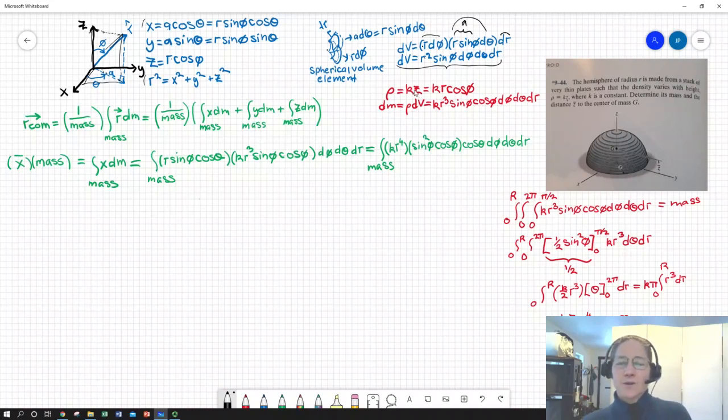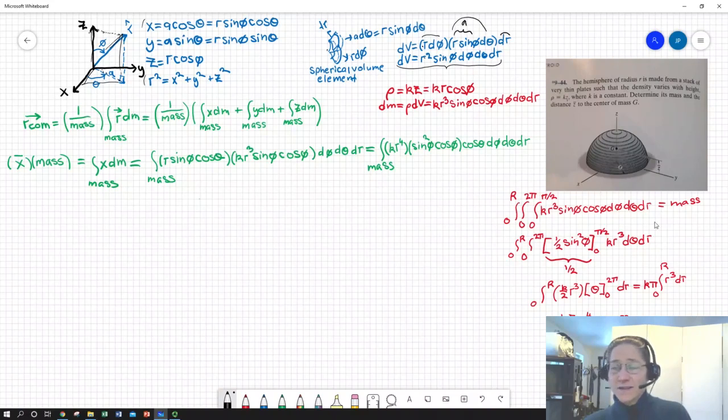So all we have to do is multiply our k r cosine phi density times our volume element up here, and we get a little bit of a long expression. So we end up with k, r cubed, and then a sine phi from up here, and a cosine phi from the density expression, d phi d theta dr. Okay, so we can use this and integrate through.